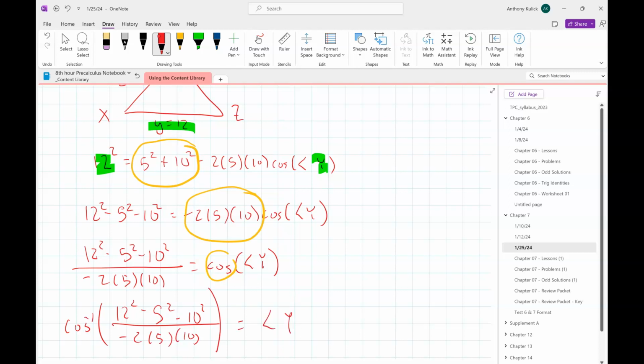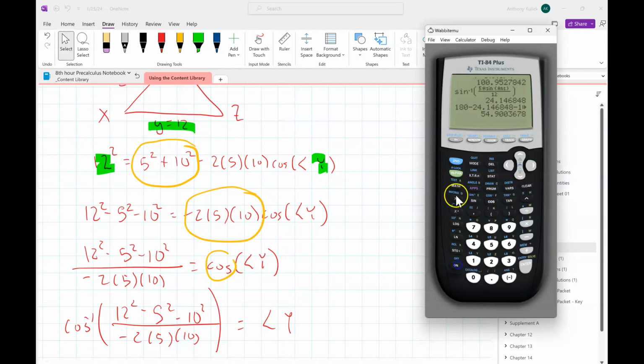And now I'm going to go to my calculator. So I'll fire this guy up, and I'll do my cosine inverse. And then I'm going to use that horizontal fraction bar command. So alpha y equals, and then option 1. I definitely want to use that here so I can just type this in the way it looks on my sheet of paper.